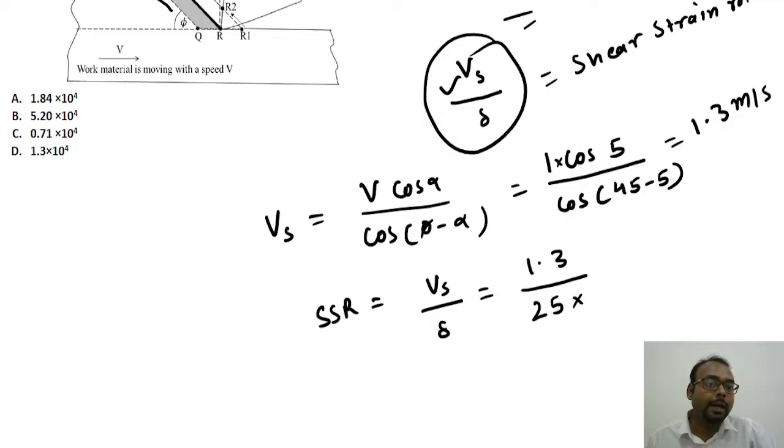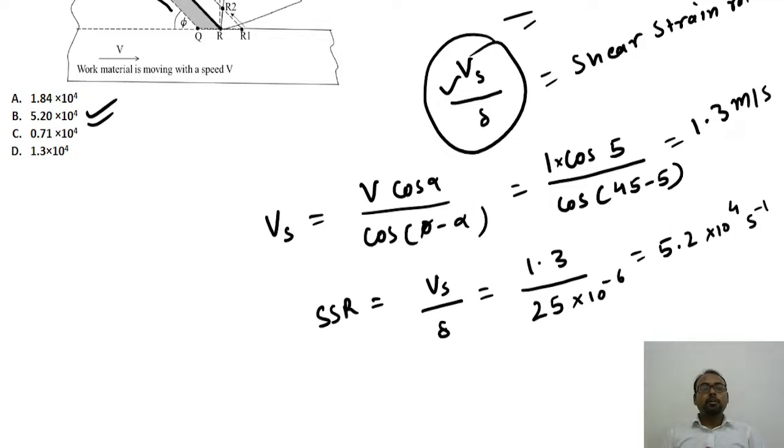If we convert the micrometer into meter, we have to multiply by 10 to the power minus 6. Now after putting in all these values, we will have our final shear strain rate value, that is 5.2 into 10 to the power 4 second inverse. And that's why option B becomes our right answer.